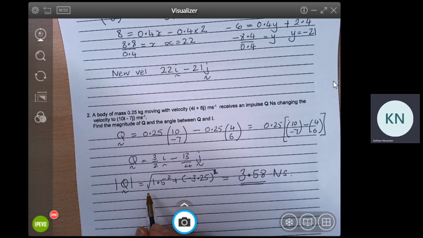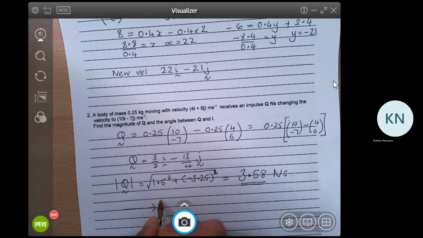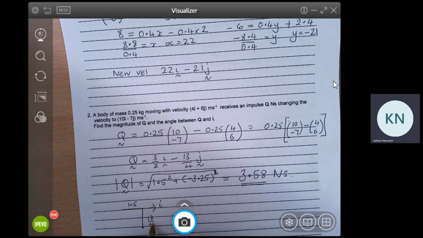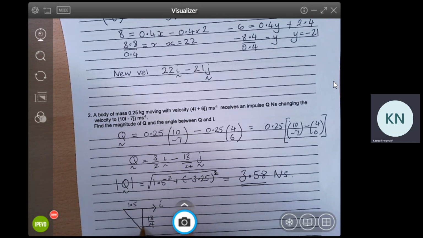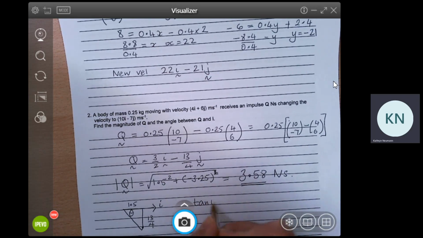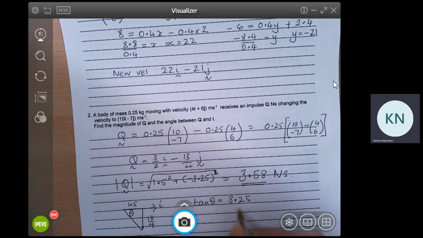Then we need to find the angle between q and the i direction. So a little sketch will help here. Here's the i direction. This vector is 1.5i minus 13/4 j. So that angle there, theta, is given by tan theta is 3.25, that's what 13 over 4 is, divided by 1.5.